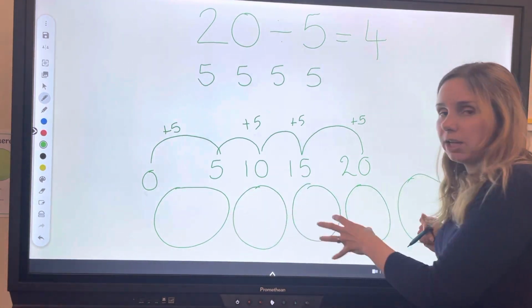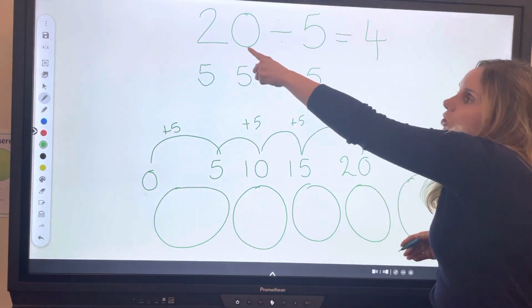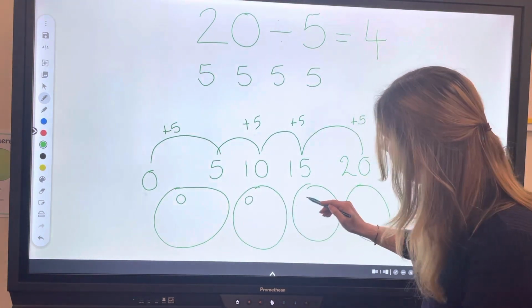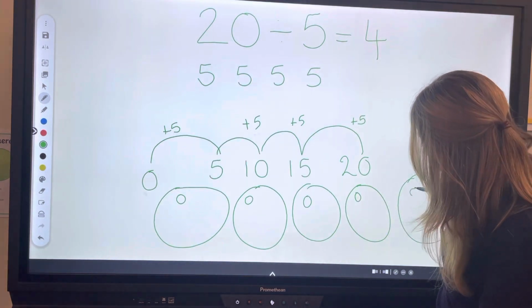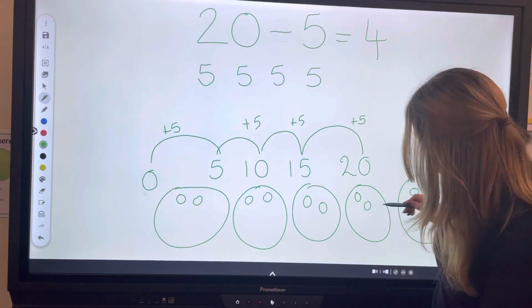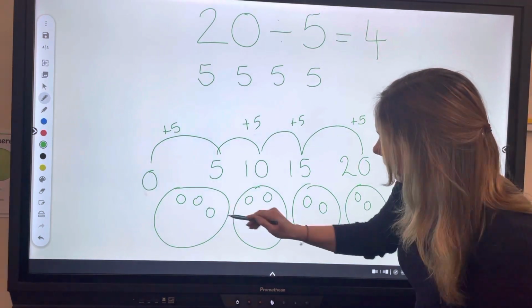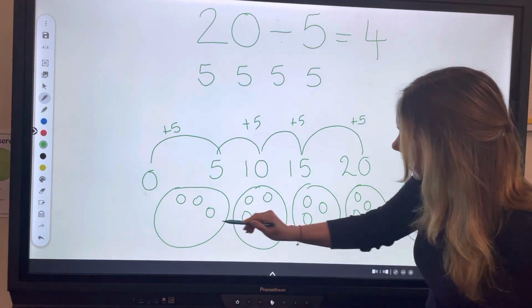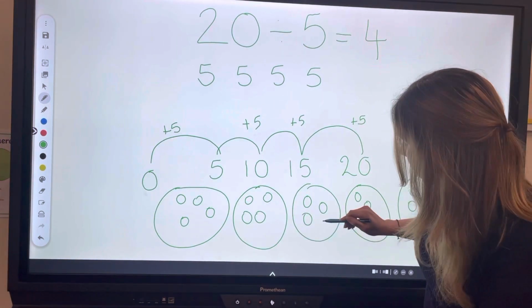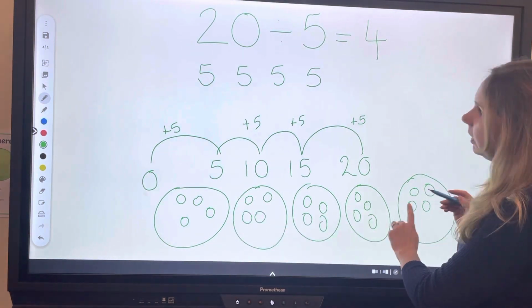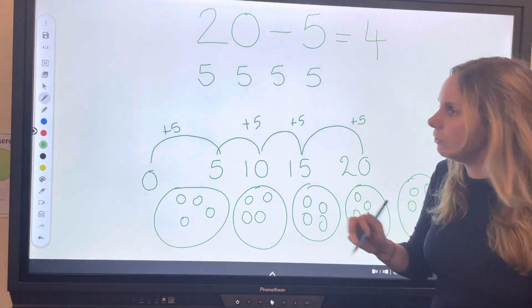And that's where you can share your number of objects. So you would share 20 objects, or I would share 20 pictures. 1, 2, 3, up to 20. I have 4 in each group, which is my answer, 4.